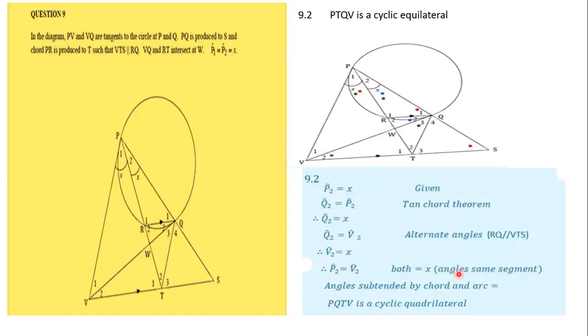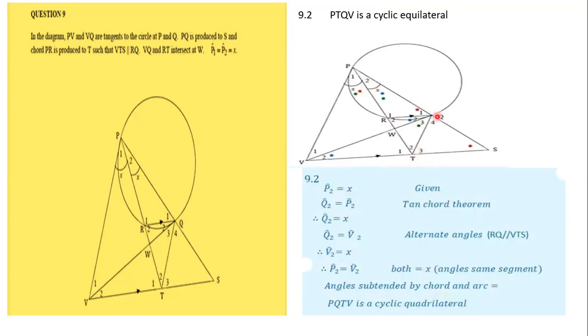This is our p2, and this is v2. They are suspended by the same chord, or which chord? Same chord of which is TQ, right?